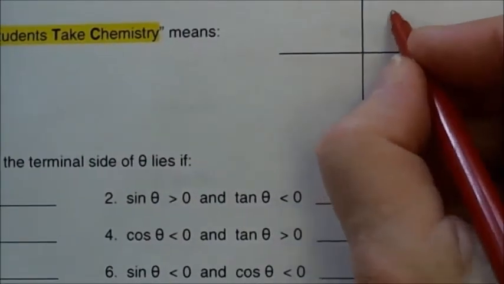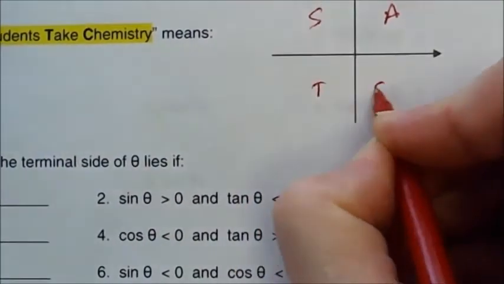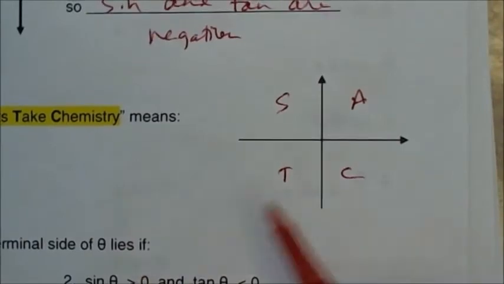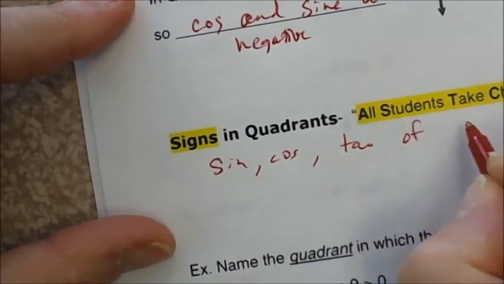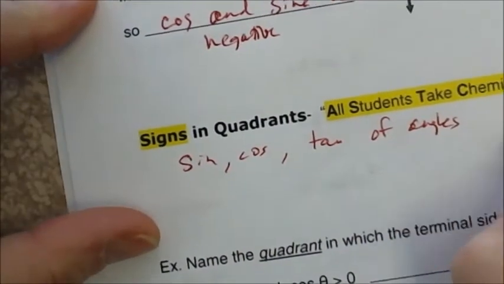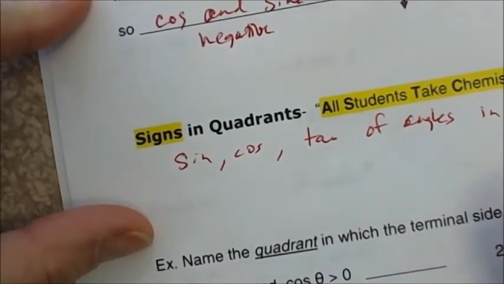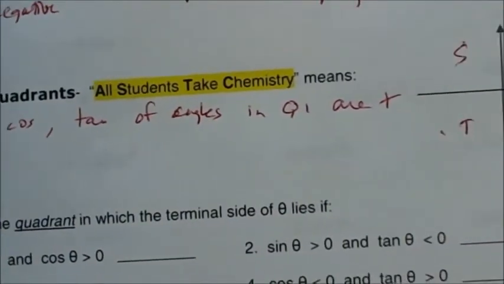All students take chemistry. You are going to put an ASTC every time you see all students take chemistry. It means sine, cosine, tangent of angles in quadrant 1 are positive.